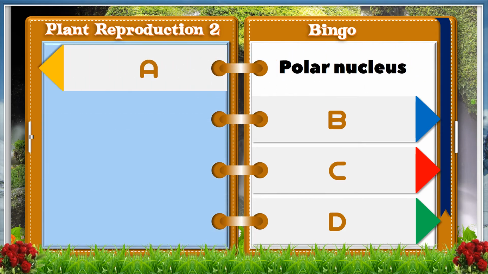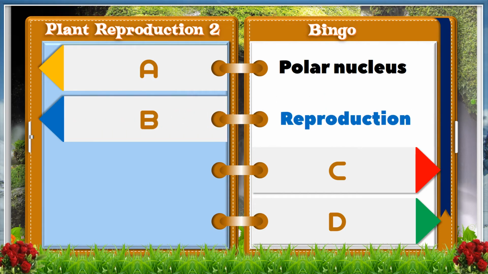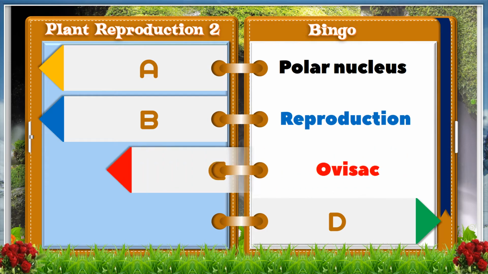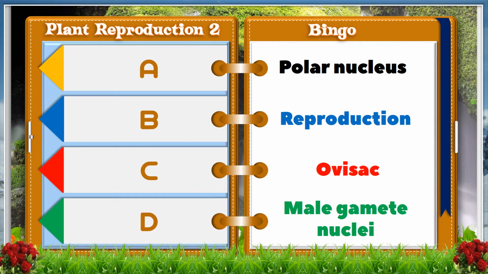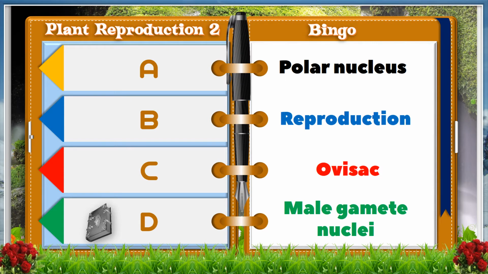A. Pollen nucleus. B. Reproduction. C. Ovisac. D. Male gamete nuclei. And the answer is D. Male gamete nuclei.